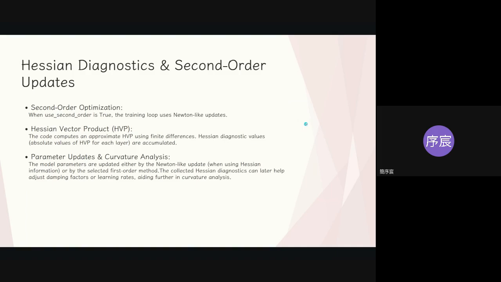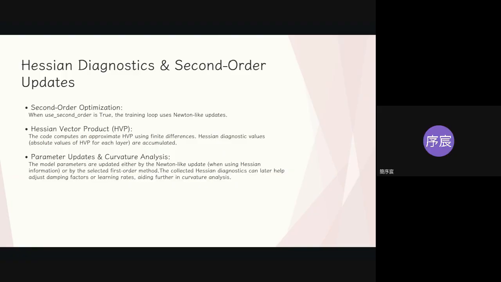And next one, we'll do the Hessian diagnostics and second order updates. It's because when use second order is true, then the training loop will use the Newton-like updates.